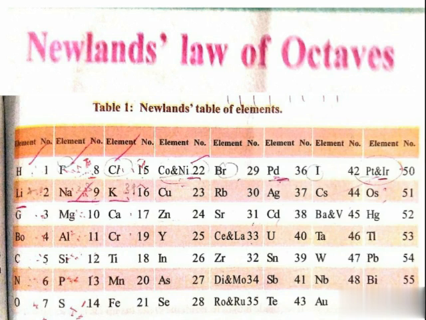Next, certain elements totally dissimilar in their properties were fitted into the same group. For example, he arranged cobalt, nickel, platinum, palladium and iridium, which have different properties compared with the halogens in the same row, fluorine, chlorine, bromine, iodine, in Newland's first horizontal row.